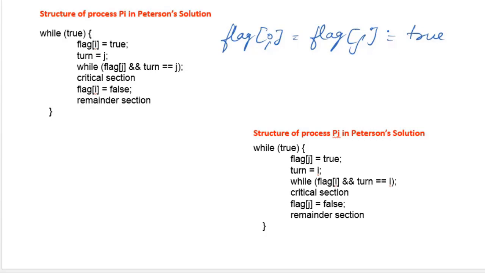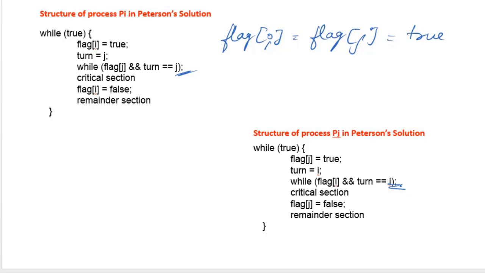To prove the second and third properties, please note that Pi will be prevented from entering the critical section only if it is stuck in the while loop. The only possibility of not entering the critical section is ensured by this while loop here, right?